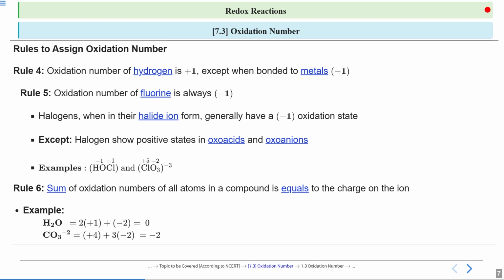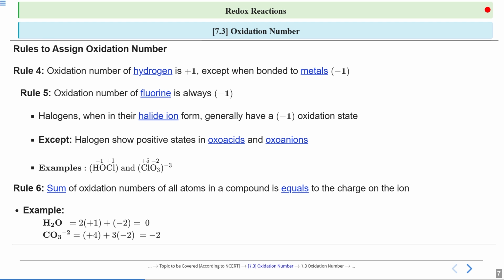Hence, by applying these rules, we can find the oxidation number of the desired element in a molecule or ion. It is also clear from these 6 rules that metallic elements have positive oxidation numbers, while non-metallic elements can have both positive and negative oxidation numbers.